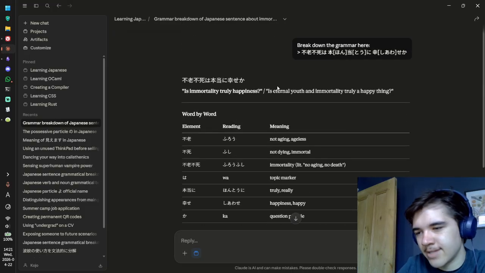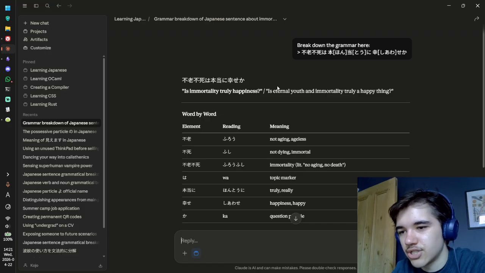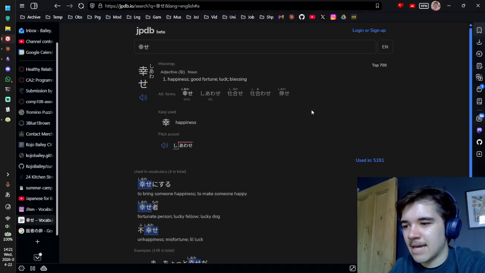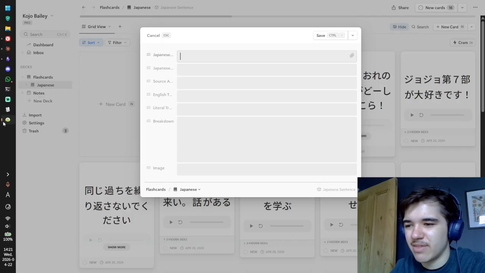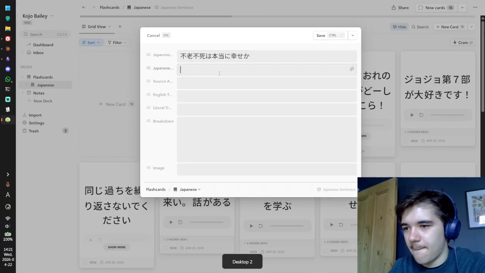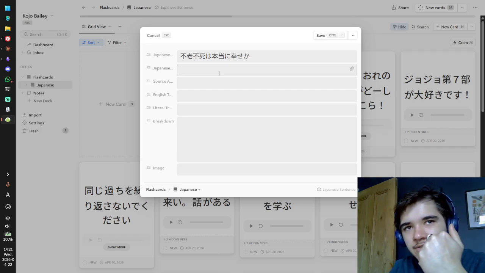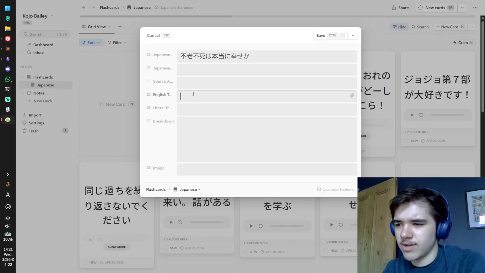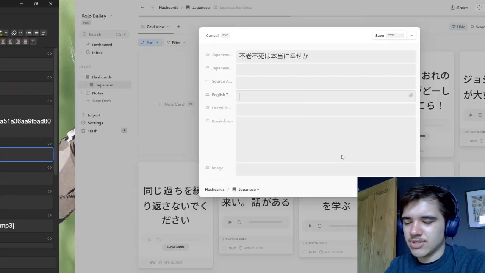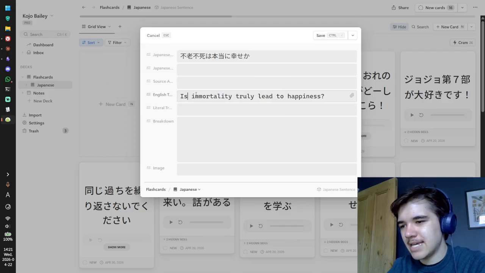Okay. So yeah, it does say is immortality truly happiness? But if you translate it more to English, does it lead to happiness? Is it a happy thing, right? Okay. Cool. Pretty simple sentence overall, but the use of shiawase here is a bit jarring for an English speaker. It's more like is immortality truly a happy thing?